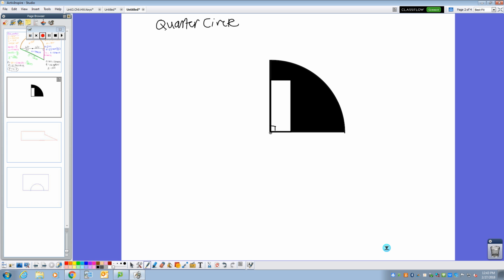And my rectangle might measure 3 by, I'm not sure, what do we want to make this rectangle? 3 by 7, sure. And the quarter circle with a radius of 10, why not? Just making up some numbers here.